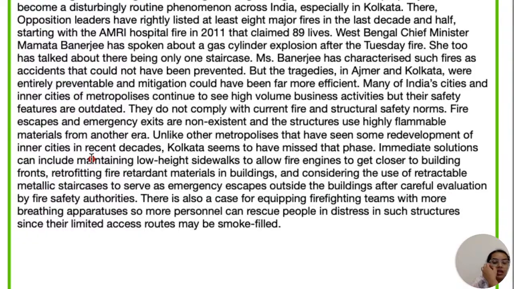So one last question and then we will move to the summary part. This word, retrofitting.